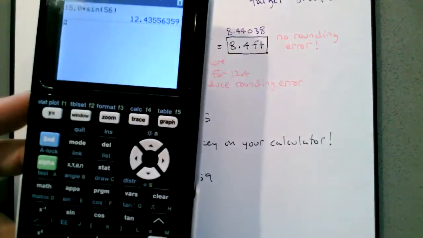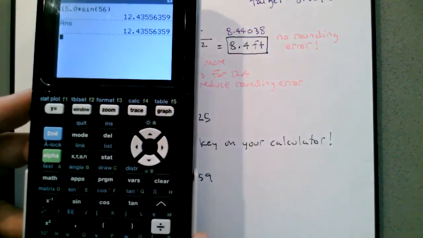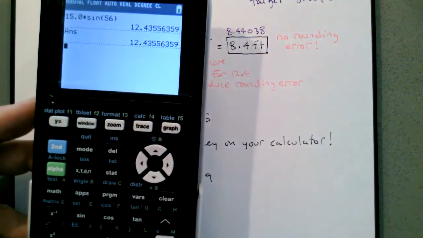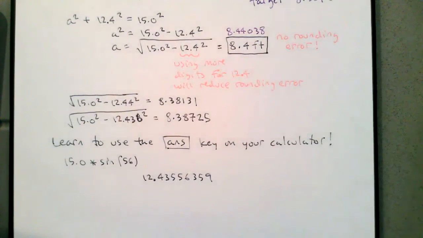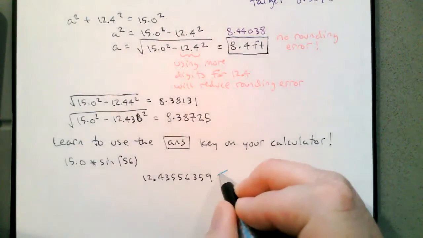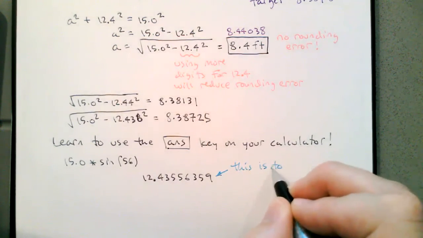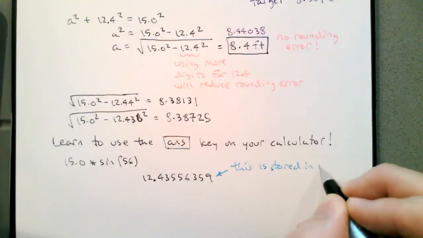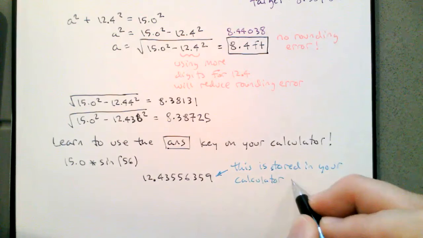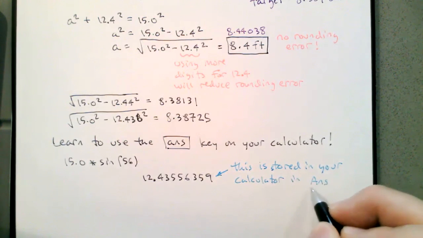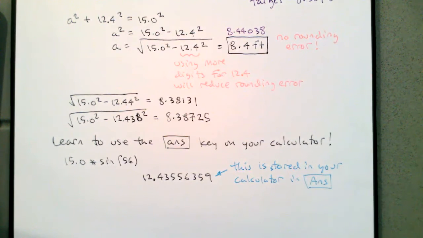So if I press second and then the subtraction key, it brings up ANS. So now when we press ANS, it's the 12.43556359 stored in your calculator, until you press enter and the display changes.